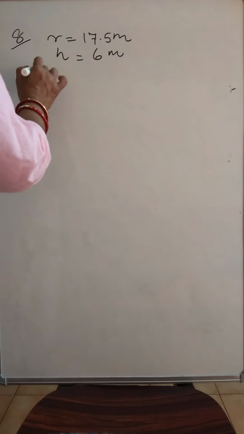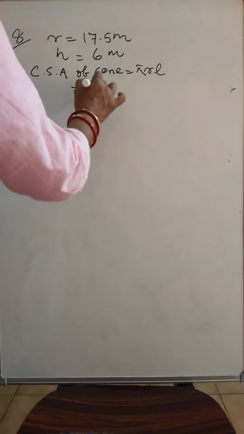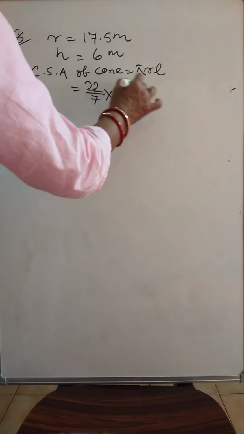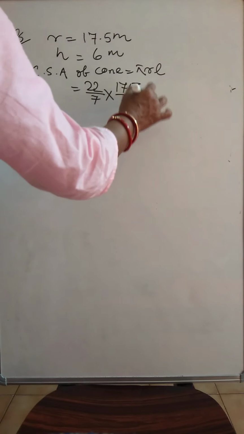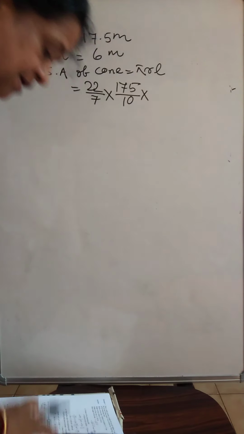So I'll find out the curved surface area of cone. Formula is pi r L. 22 by 7. R is 17.5. I am removing the point. L I don't know. I have to find out L.